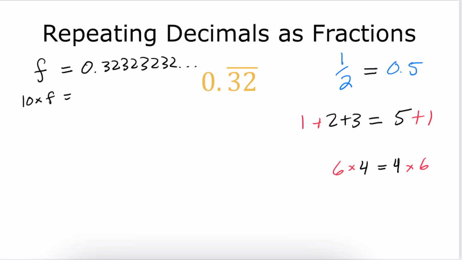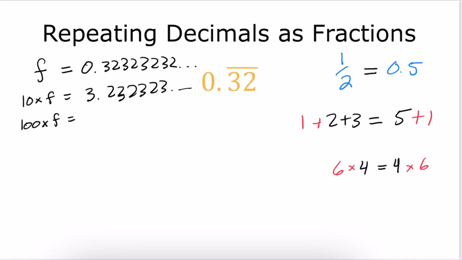And what is 10 times that decimal? If they've had a lot of experience multiplying decimals by 10, it would be pretty easy for them to say that this is going to be 3.232323, etc. You'd say, great job. Okay, so what would 100 times f be? Even though we don't know what the fraction is, even though we don't know what f is, what would 100 times it be?